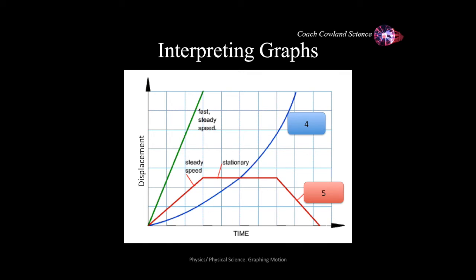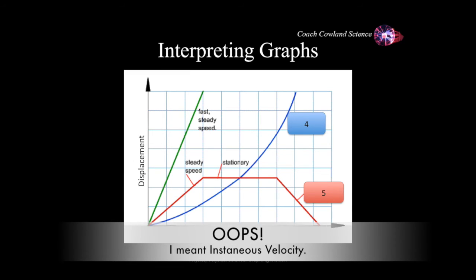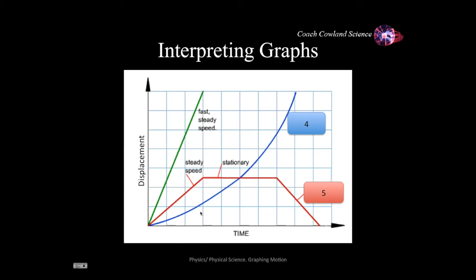Let's have a look at part 4. Now this one is much more complicated than the other parts that we've so far looked at. And how are we going to solve this? Well, in order to do this, we need to look at the instantaneous speed at the different points. So if I looked at the tangent of the line here, the instantaneous speed here would be not very steep. And if I looked at the instantaneous speed here, it would be a little steeper.